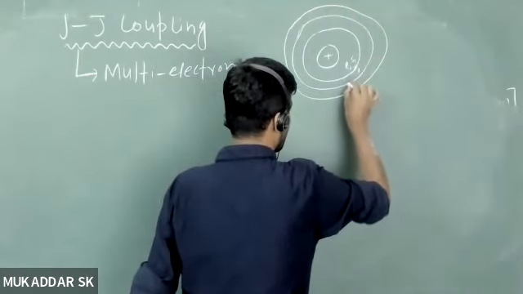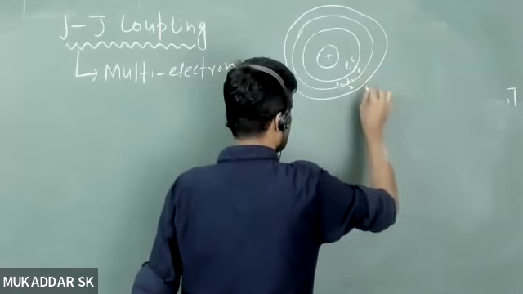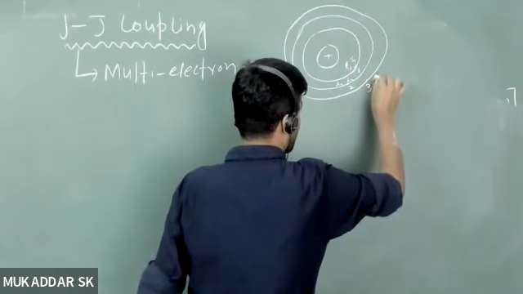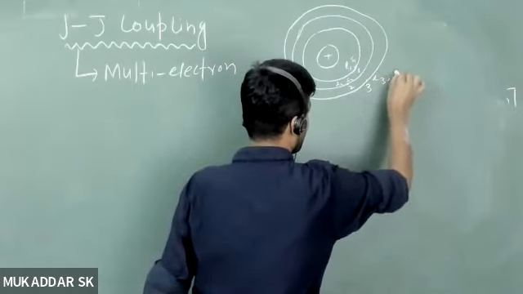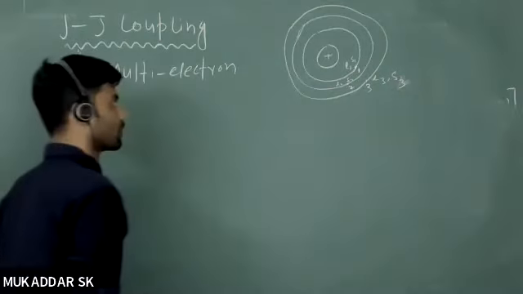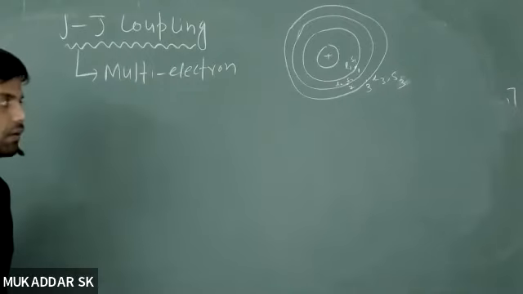This is your electron number 2, with orbital angular momentum L2 and spin S2. And this is your electron number 3, with orbital angular momentum L3 and spin S3. So you have many electrons and each electron has orbital and spin angular momentum. Of course they will have magnetic moments also, spin part and orbital part.